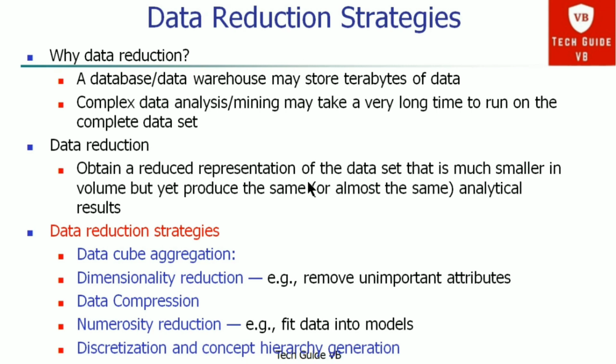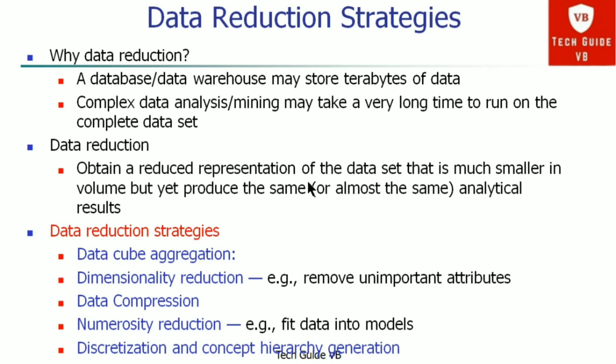This is very important because as we are reducing the volume, the output or results may not vary. So it will produce the same result. So this is the data reduction.